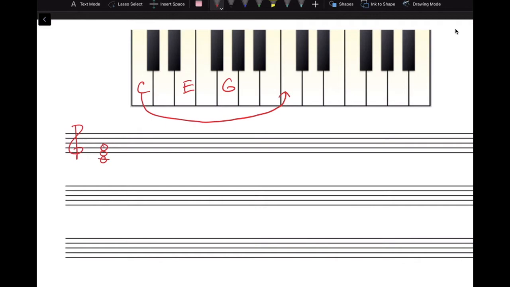So that is E, G, C. Right, so now the chord looks like this. E, G, C. You can do the exact same thing with the E and move the E up. So now you have G, C, E.